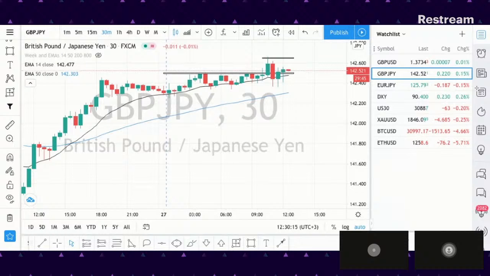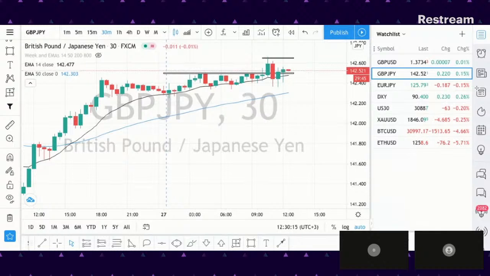So let's see how this trade is performing. Wow, doing good. We are at 0.6. That's nice. Already we have secured 10 pips.